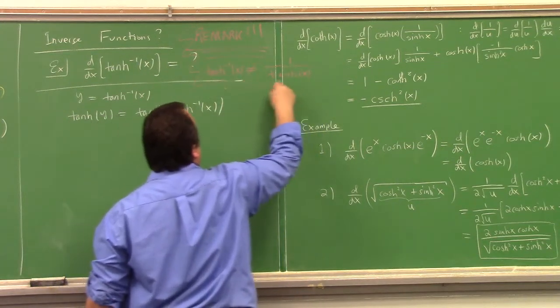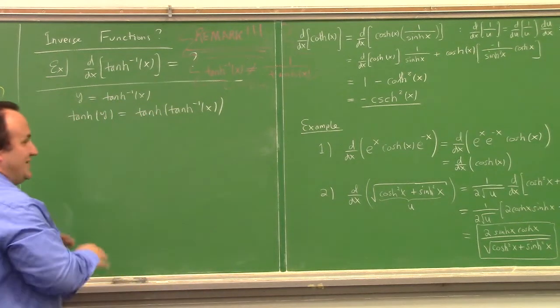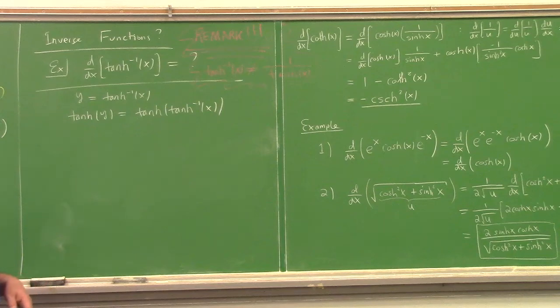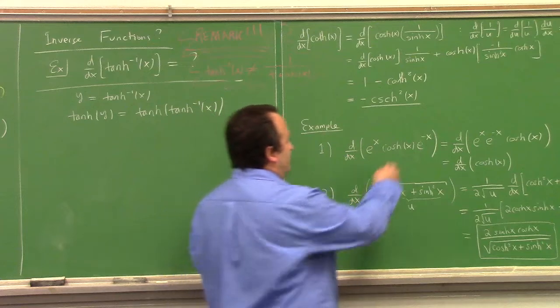Do not think this. Remove this from your thinking. That is the reciprocal function of tangent, what we call the hyperbolic cotangent.